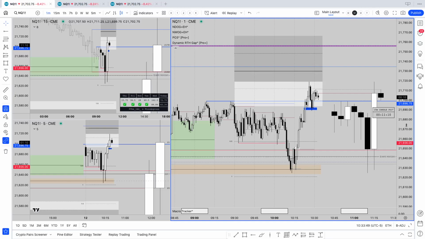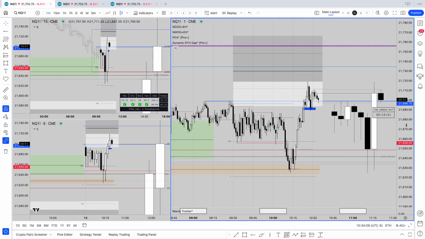Based on the profile, we should most of the time close above the daily open. Based on the profile, yeah, but on the day of the week, I don't consider that because we are on a Thursday, and Thursday is not a very strong day when we had big expansion on previous days. So you have to combine the profiles with the actual day of the week that you are anticipating.